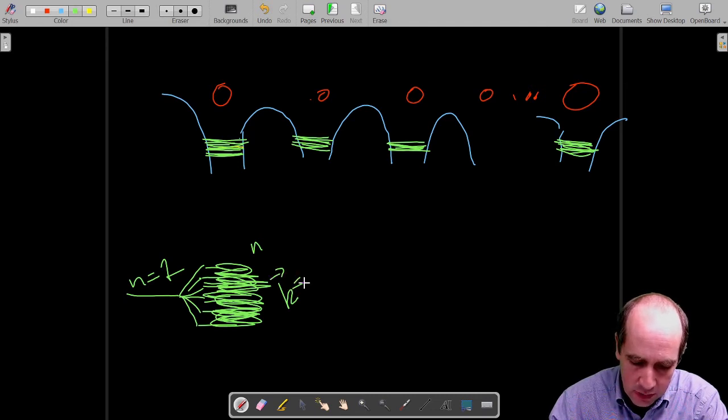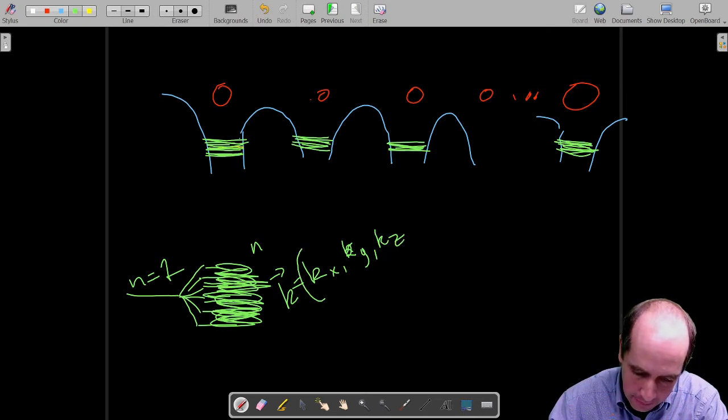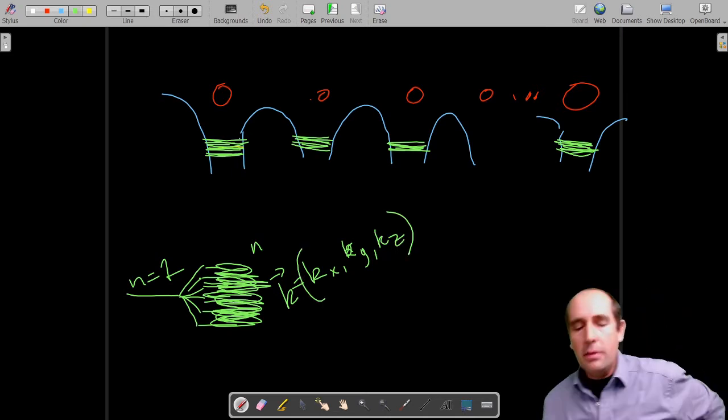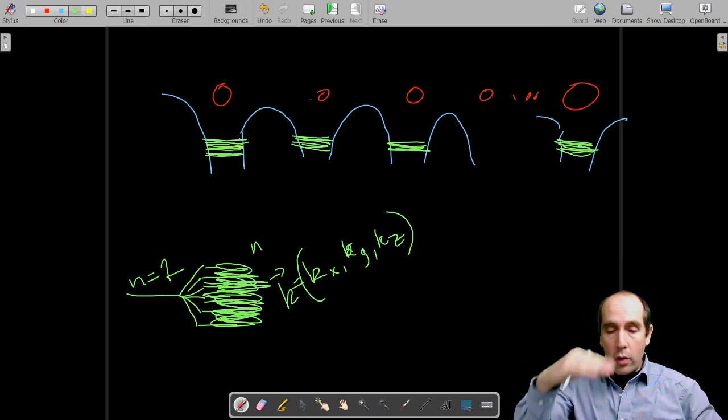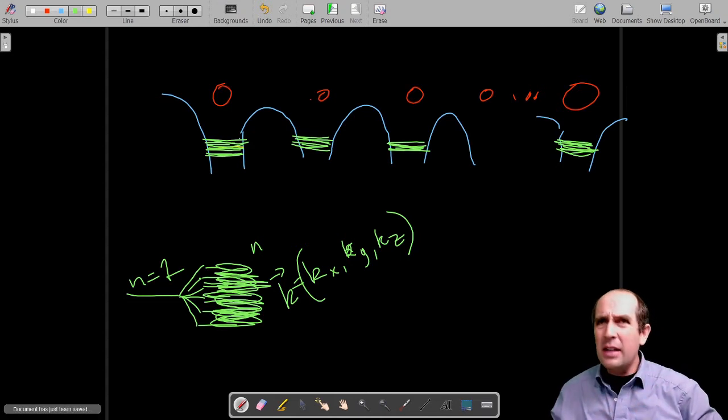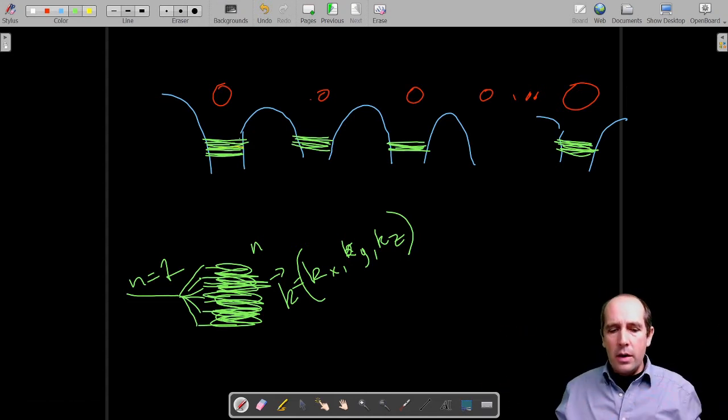This K vector, which has 3 labels, K X, K Y, and K Z, each one of them can acquire only a finite number of values, as we already said, and it's related to the number of atoms.